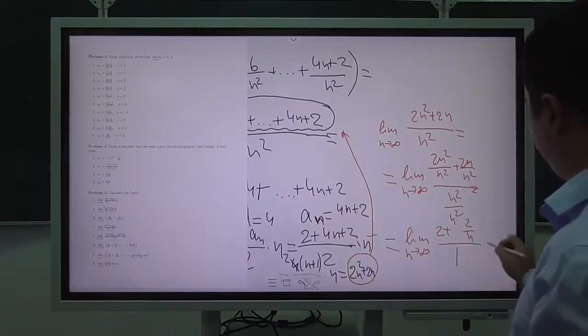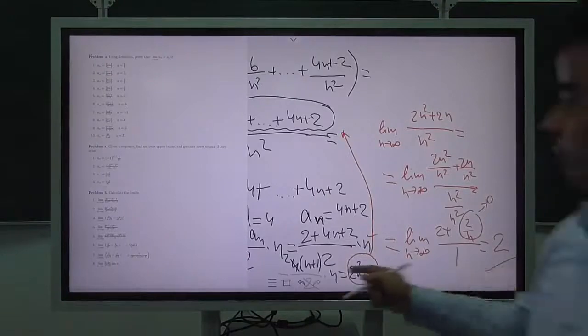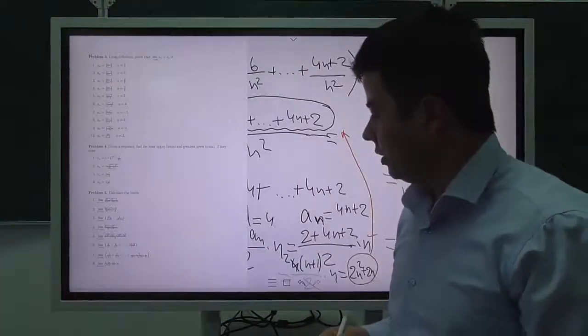When n tends to infinity, that term tends to 0, and the answer is just 2. This is the answer to problem number 6.